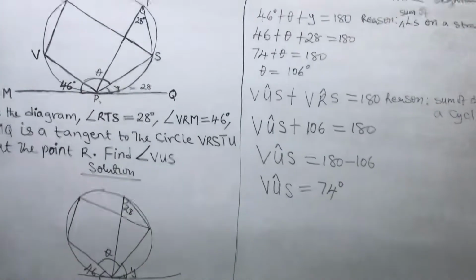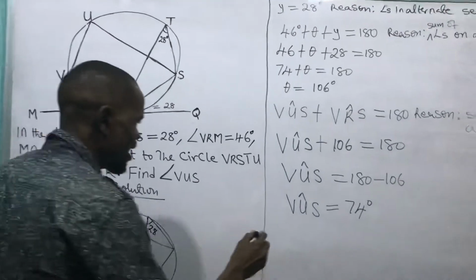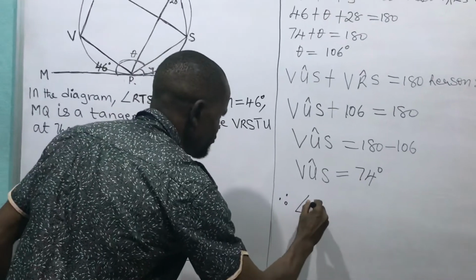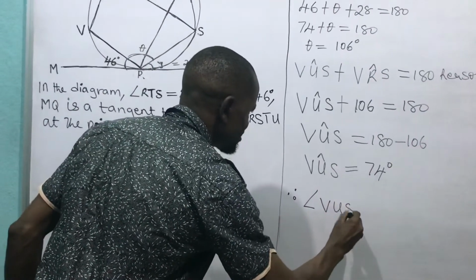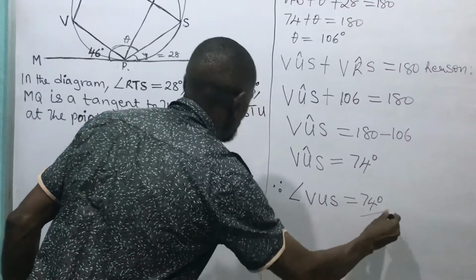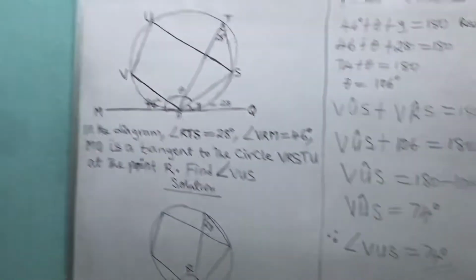That means that the angle they asked me to find, angle VUX, is equal to 74 degrees, which is what they asked us to find.